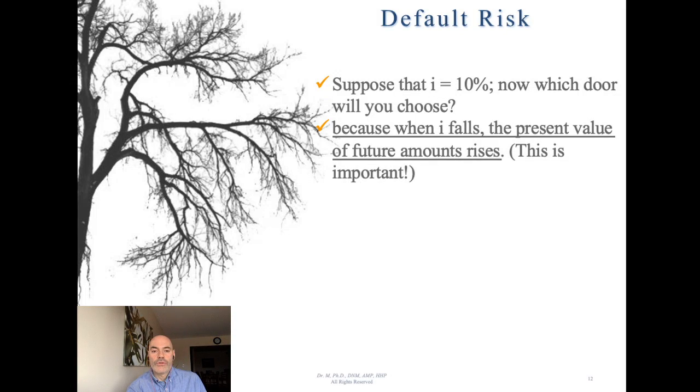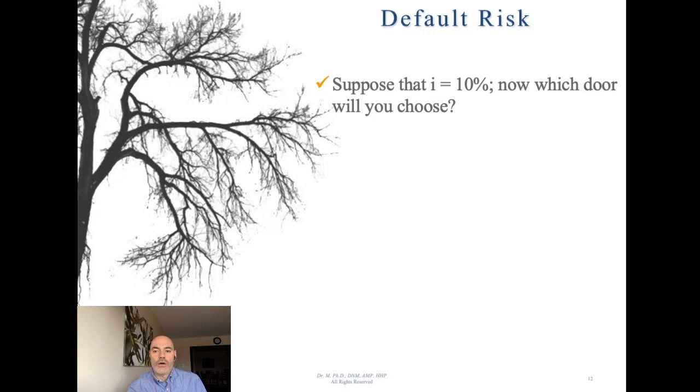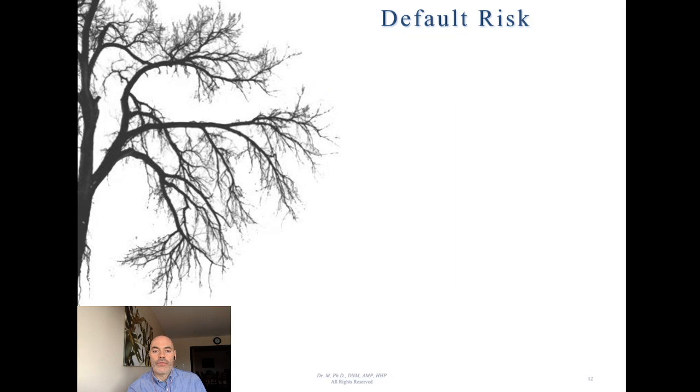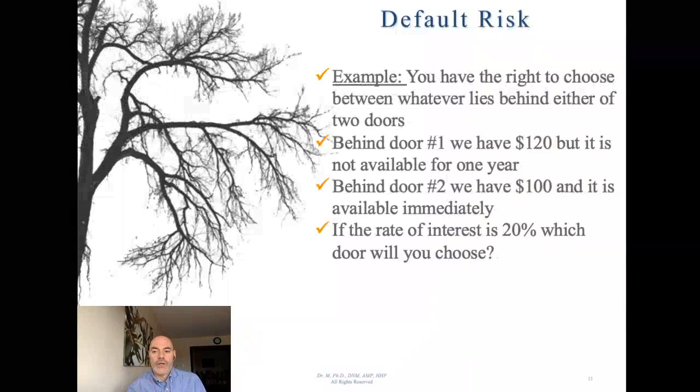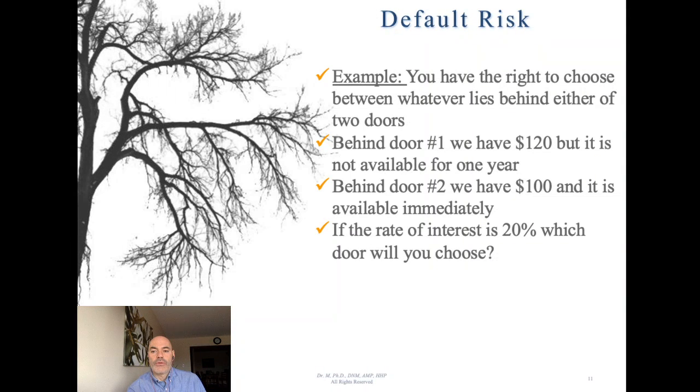So what we want to do is to come back to our previous last slide in the presentation, where we specifically talked about the example that involves your right to choose between the two doors.